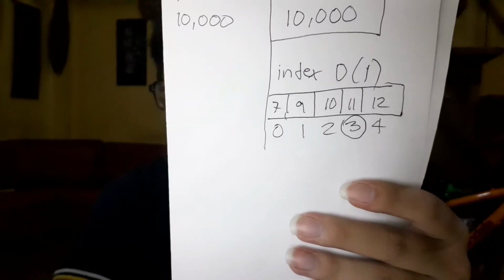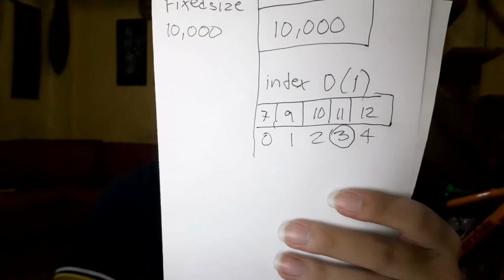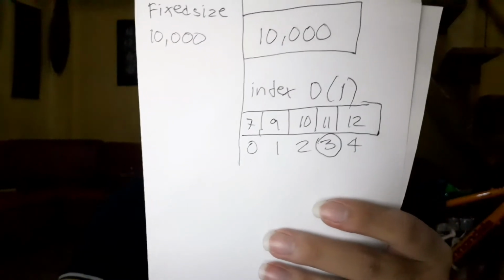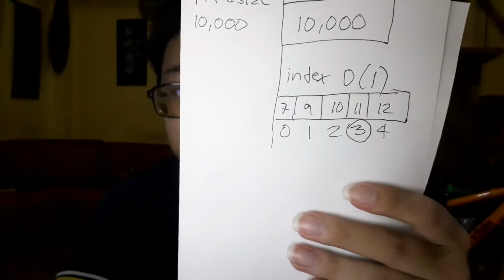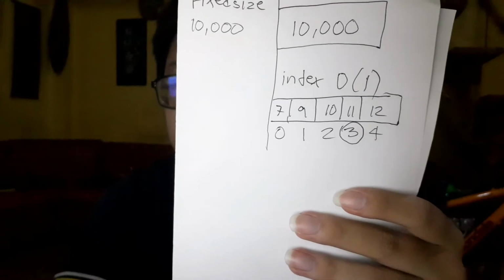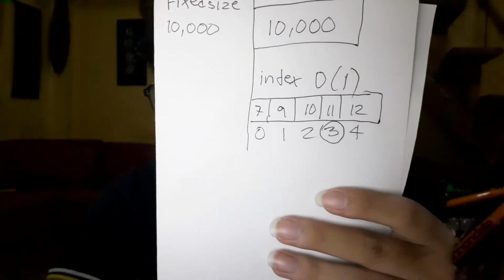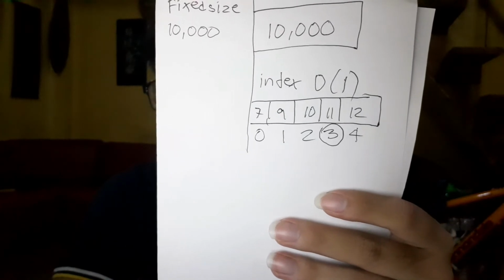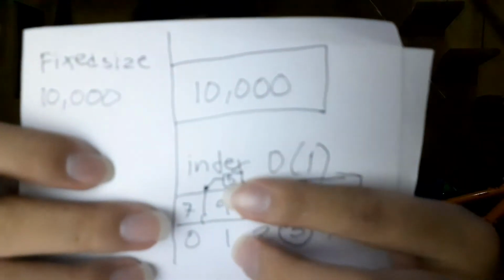Now, what about inserting, deleting, and removing items? Well, let's look at how that works because it's not quite as fast. Because of this fixed size in our memory, if we want to insert an item, this is actually quite computationally heavy. Let's say we have this array and we want to insert an item, 5, in between 7 and 9.